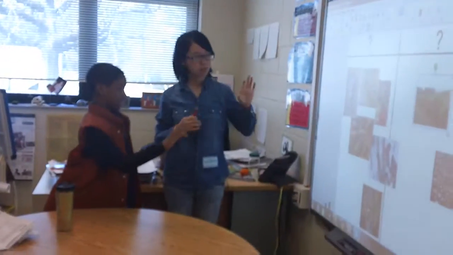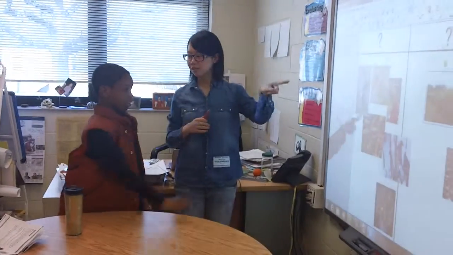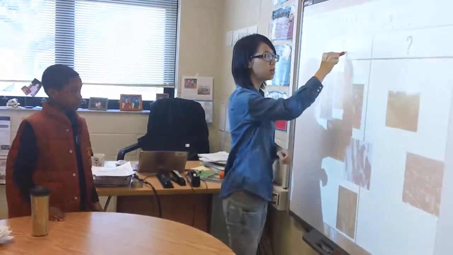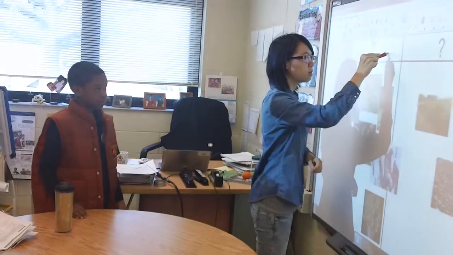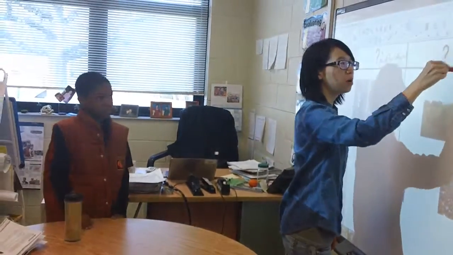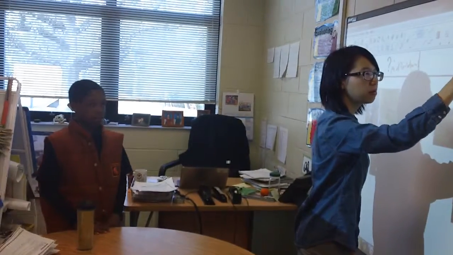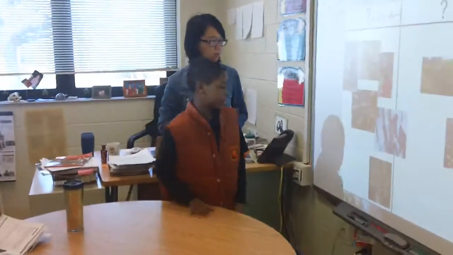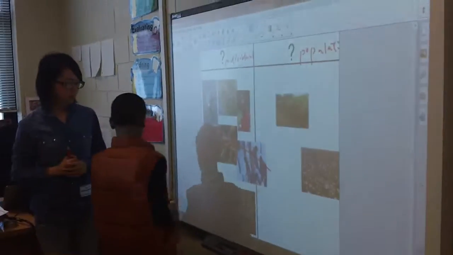Good job, good job. So the question mark will be the individual, and this will be a group or population, right? A group of the same kind of plants or animals. So can we do it really quickly right now? Oh, you have to put the marker down.